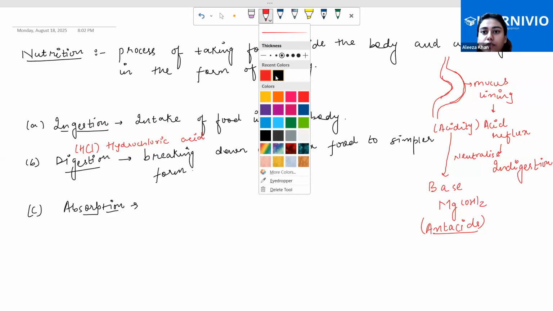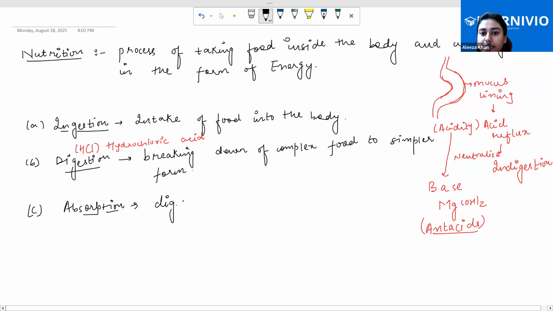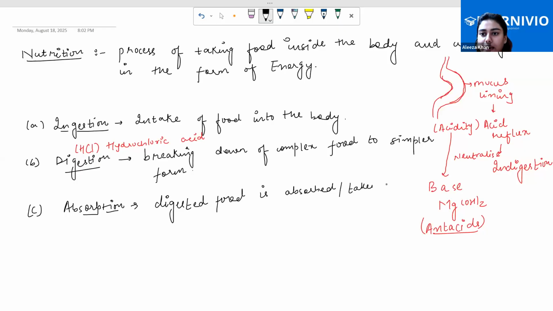So absorption is what? Can I say it is the process where digested food, the food which has been digested, is absorbed or taken into blood vessels?